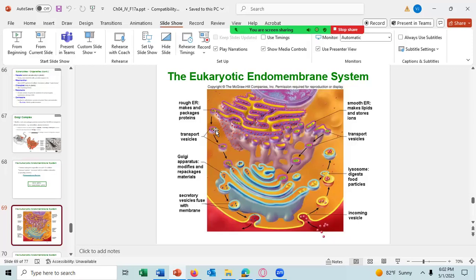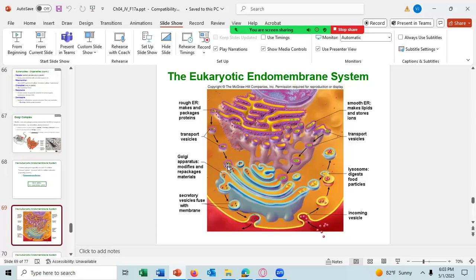So this is called a transport vesicle, and it's transporting the proteins from the rough ER to the Golgi apparatus. The same thing happens with lipids, but they come from the smooth ER, forming a transport vesicle, which also moves to the Golgi apparatus.